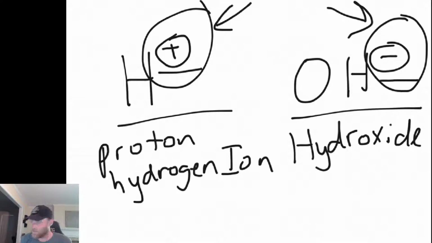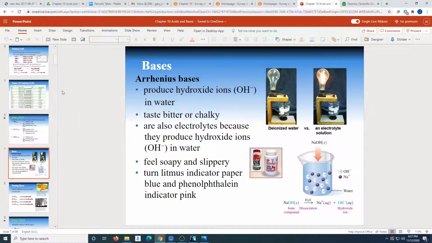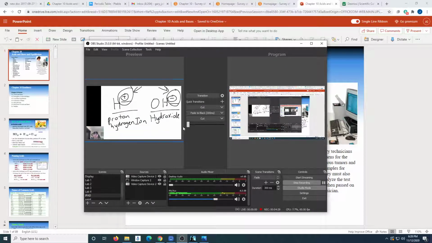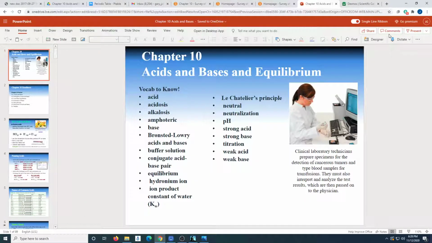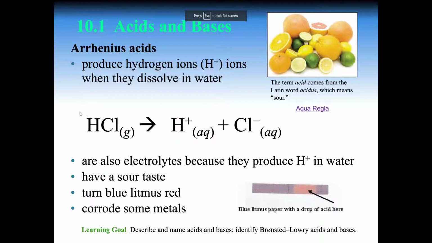All right, so let's go back to the slideshow display. So an Arrhenius acid is something that produces a proton or a hydrogen ion. So a couple notes.